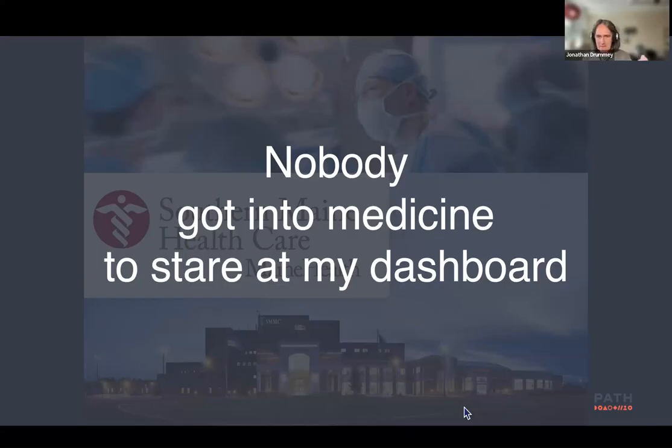Their job is, like I said, to take care of patients. And to the degree that they're taking time out of their day to look at the visualization I've created, I need to be really careful of their time and make sure they can find information quickly, that it's meaningful, and that it's actionable for them.